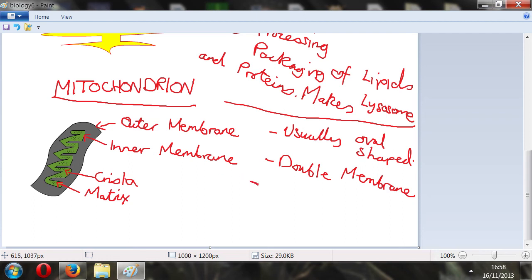This is the thing about the cristae and matrix, I'm going to need to look this up a bit more. So the inner membrane is folded, and I think the folded structures are the cristae.